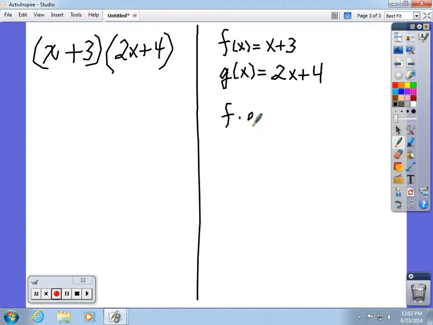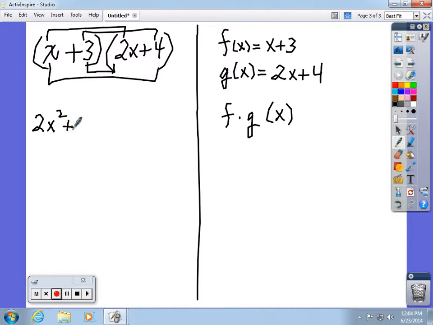F times G of x. Now, both of these are going to come out with the same thing. But I'm showing you that when you see F times G of x, basically you're going to take the two things and you're going to what? Multiply. So using our FOIL method, x times 2x is what?